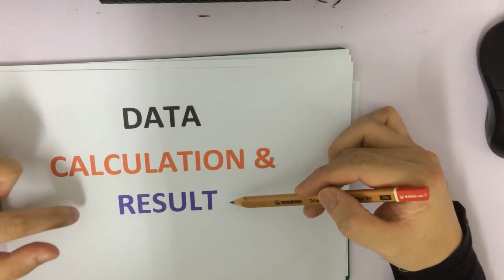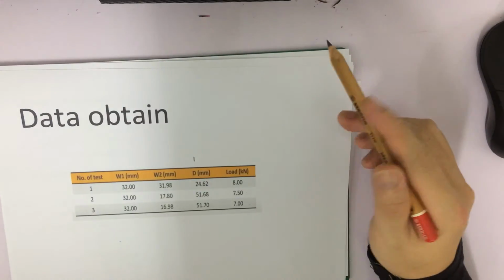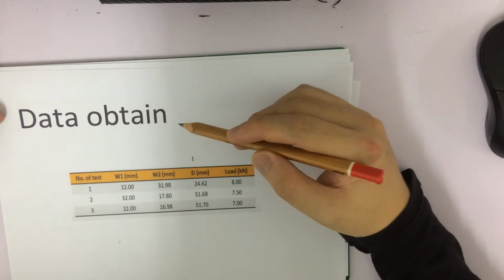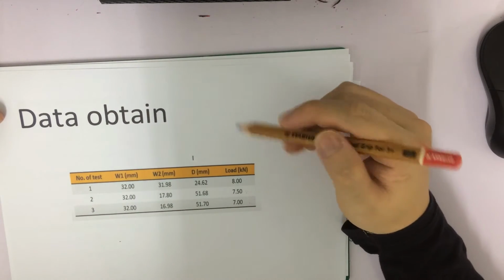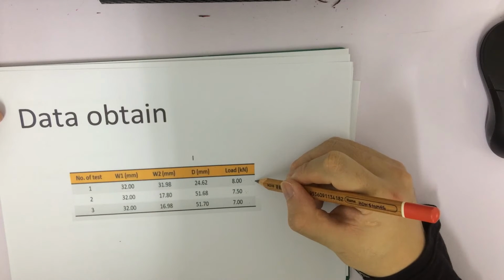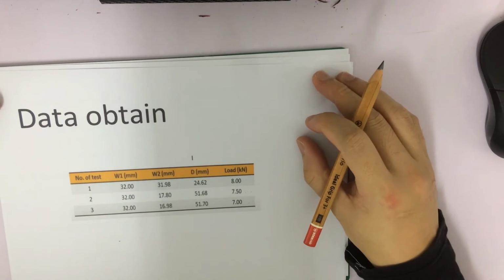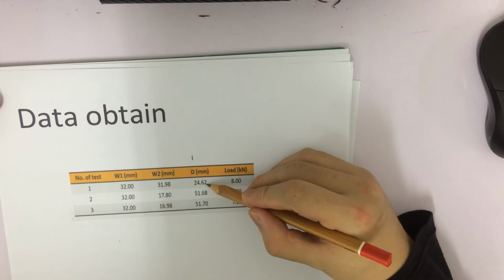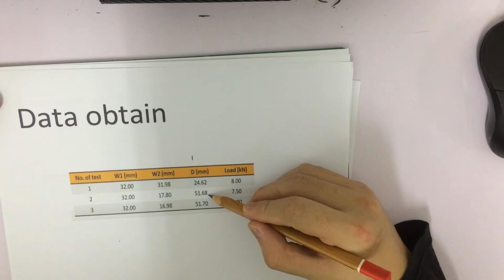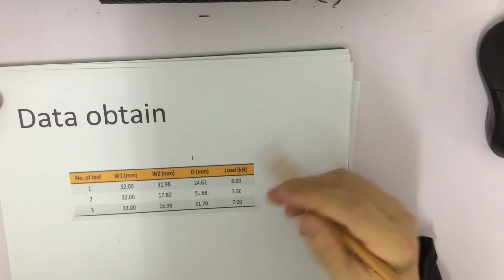Data calculation and result. From our experiment, the data obtained for 3 tests was load 8, load 7.5 and load 7, which has diameter of 24.62, 51.68, 51.0.